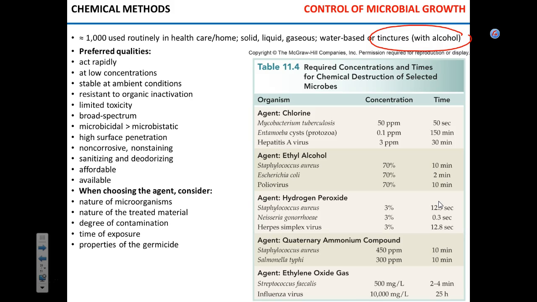If you try to dissolve soap in water, it dissolves really well. If you try to dissolve iodine in water, good luck with that. It's one of the first labs that we did in inorganic chemistry in college.